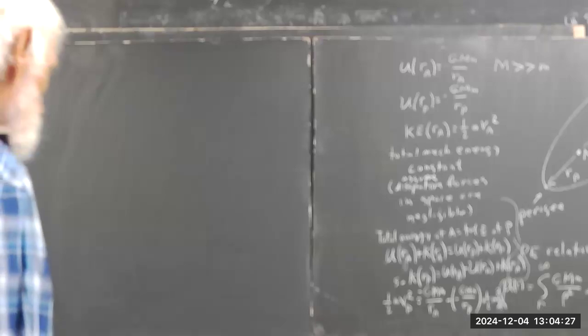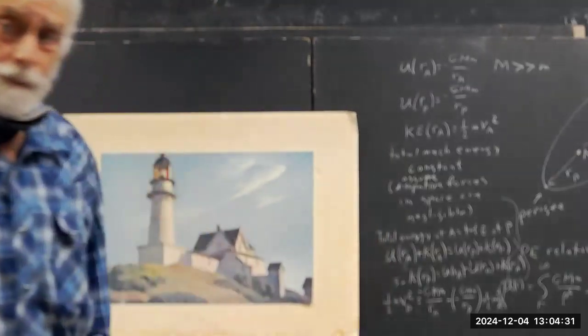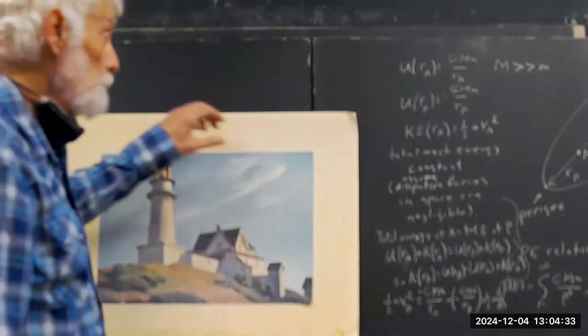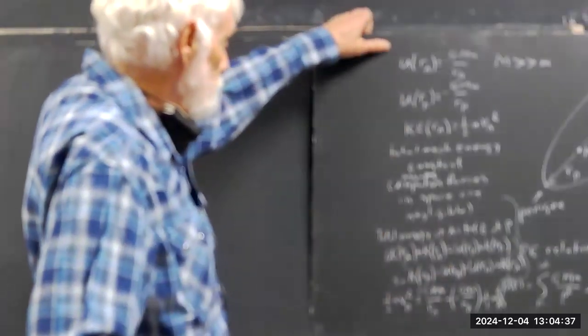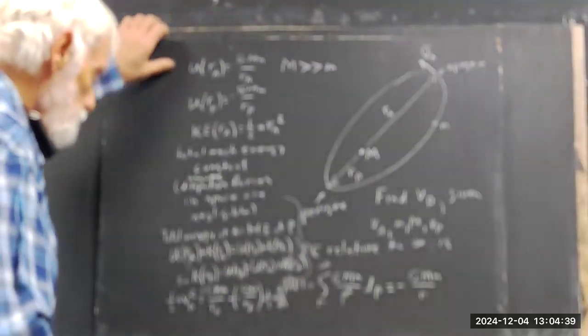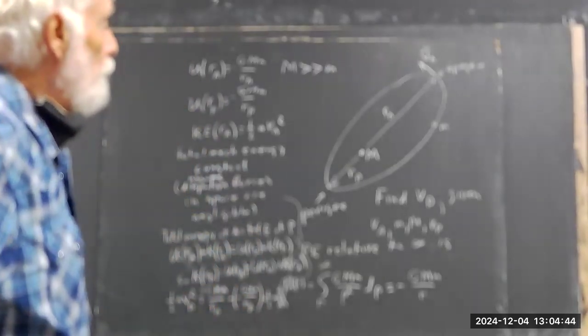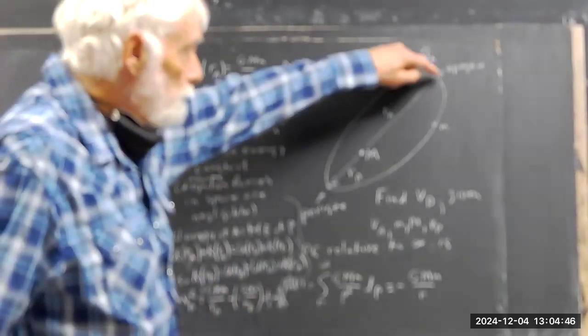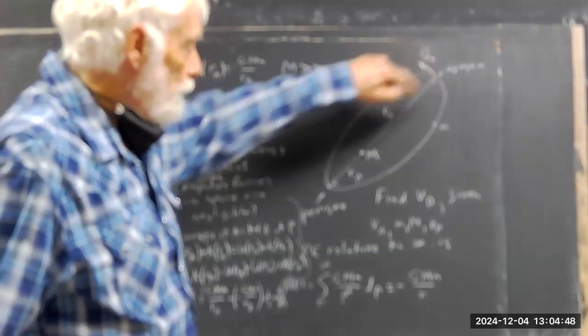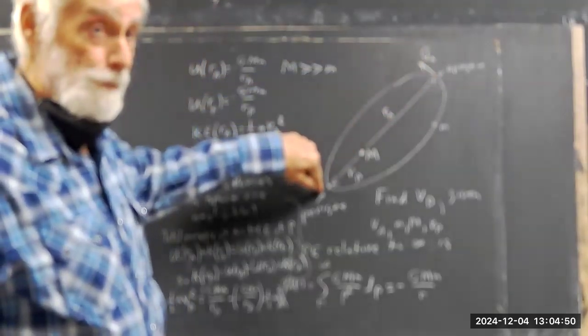Okay, so we've got pretty good comments. You can see what the comment was, and let's make sure we're in focus because we weren't. The idea was that the angular momentum out here has to be the same as the angular momentum here.